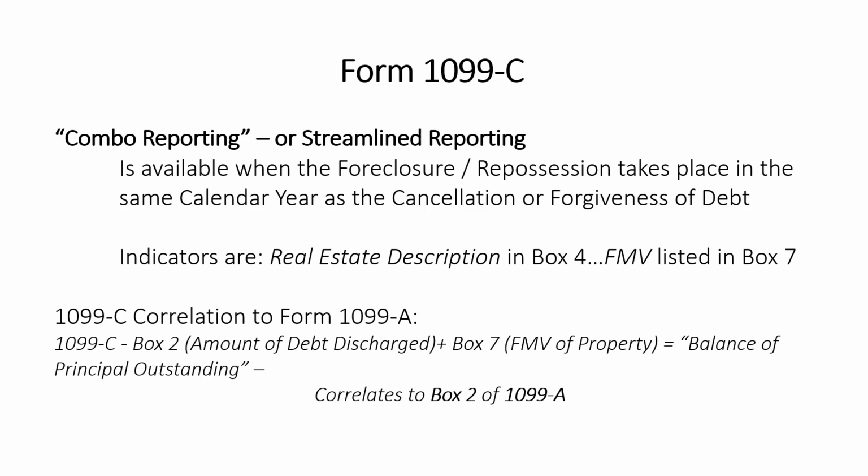Now, as far as the 1099-C correlation to the Form 1099-A that we talked about at the very beginning, the 1099-C Box 2 listing the amount of the debt discharged plus Box 7, the fair market value of the property, equals the balance of the principal outstanding. And this amount correlates to Box 2 of the 1099-A.